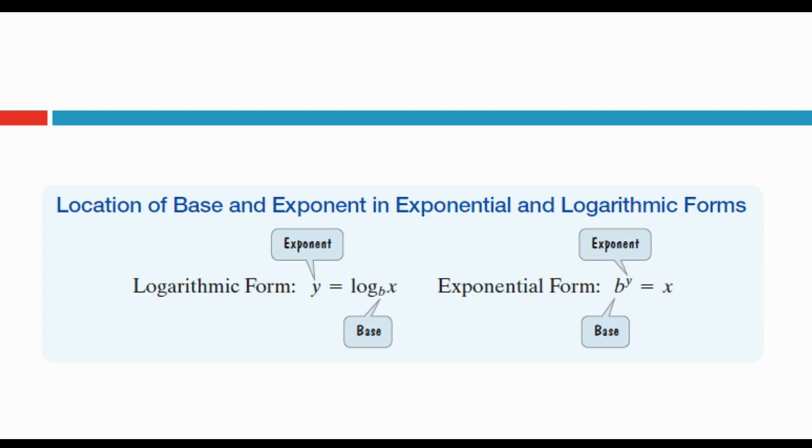Okay, so that information is important when you're dealing with a log equation. The exponent term is not connected to the log. All right, notice that what that term x is, which is connected to the log, is what it equals when we're talking about it in terms of exponential form. So we're going to take these two things, and like our objective said, we're going to be rewriting them back and forth.